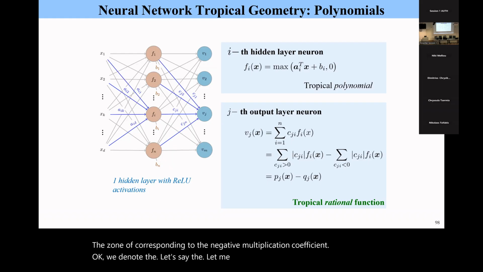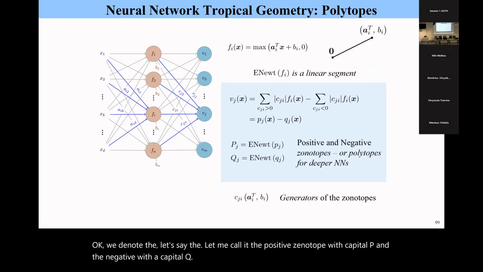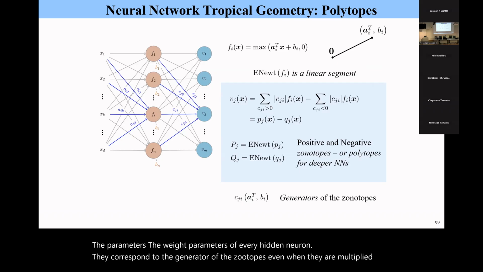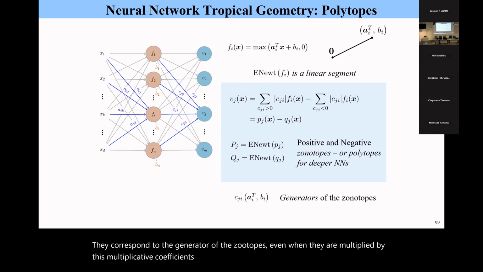Let me call the positive zonotope with a capital P, and the negative zonotope with a capital Q. And again, the weight parameters of every hidden neuron correspond to the generators of the zonotopes, even when they are multiplied by these multiplicative coefficients to take us to the output.